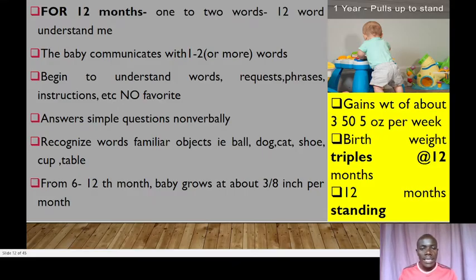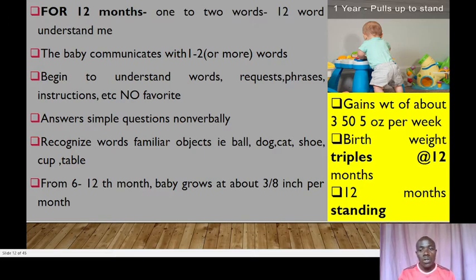So they begin to understand those words, and they can answer simple questions non-verbally, and they can recognize familiar objects. It's a ball, if they know the ball, the dog, the cat, the shoe, the cup, the table.